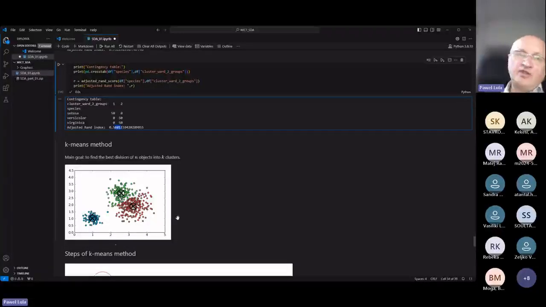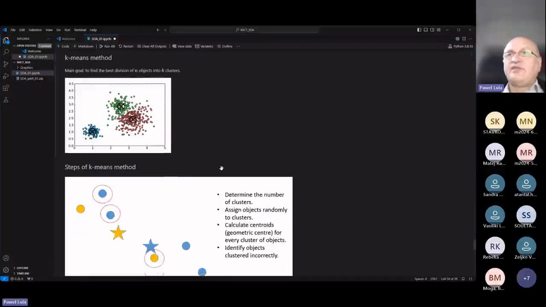For example, we have objects and we want to divide them into 3 clusters, and this method can be used for solving this problem. It is not possible to create a dendrogram, a hierarchy of objects, because here the result has a completely different form. It is a division of objects into a defined number of clusters.